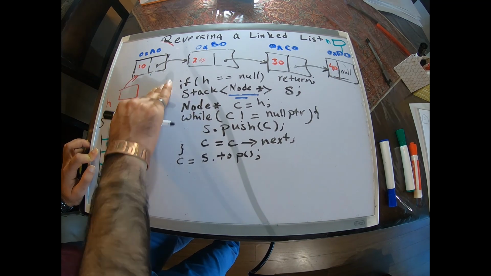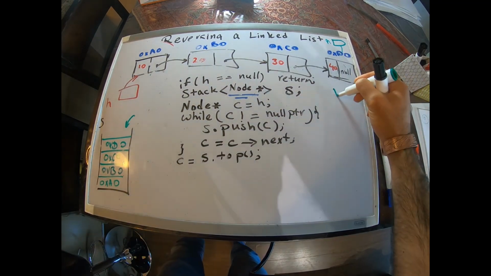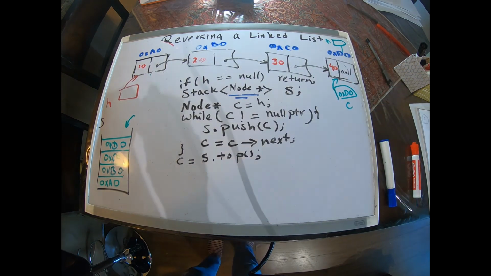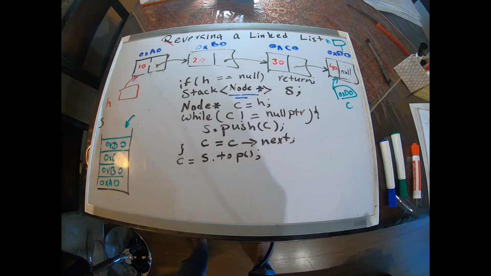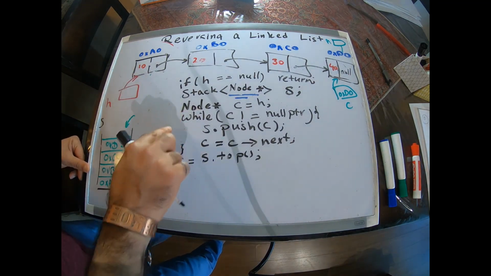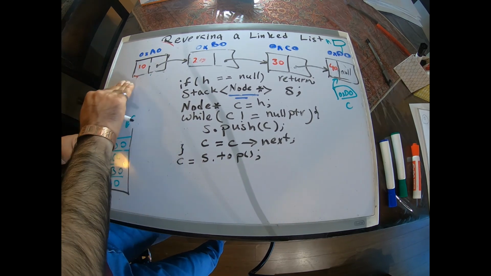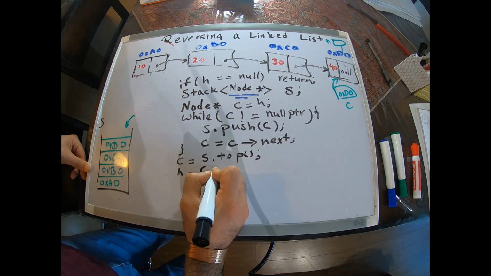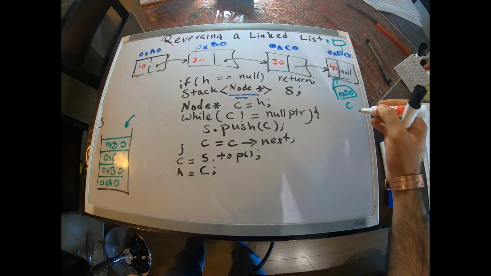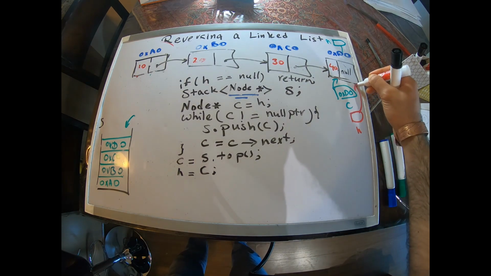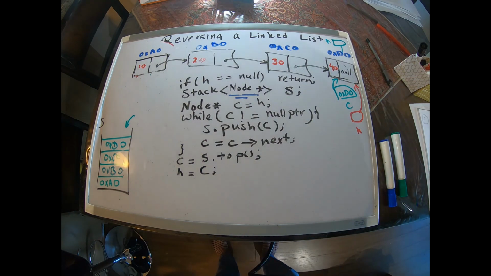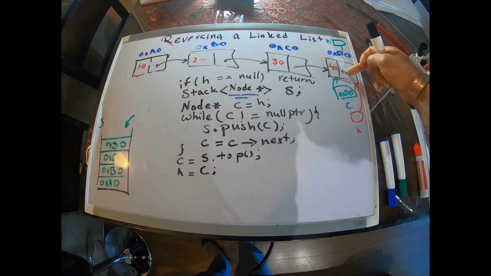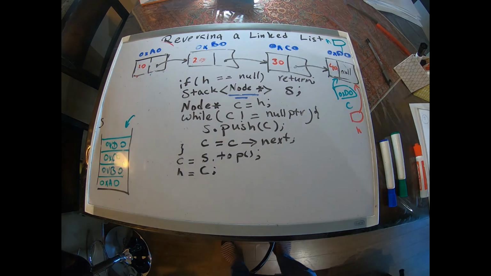Now C is gonna point here, 0xD0. And at this point, once I get to this one, I want the head to be here, so I'm gonna say head is also equal to C. So this is also my head. I'm not gonna change head after this. And we are almost done with this node.